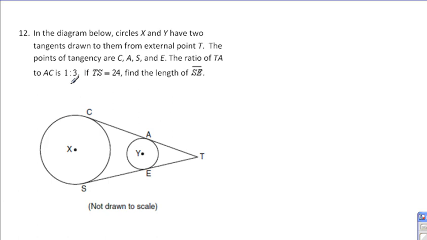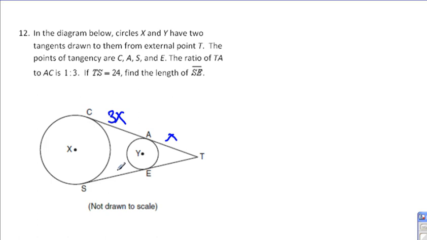Alright, here we have AC. This is x and this is 3x. Since these are two tangent line segments, these two will be equal to each other, and these two will also be equal to each other.